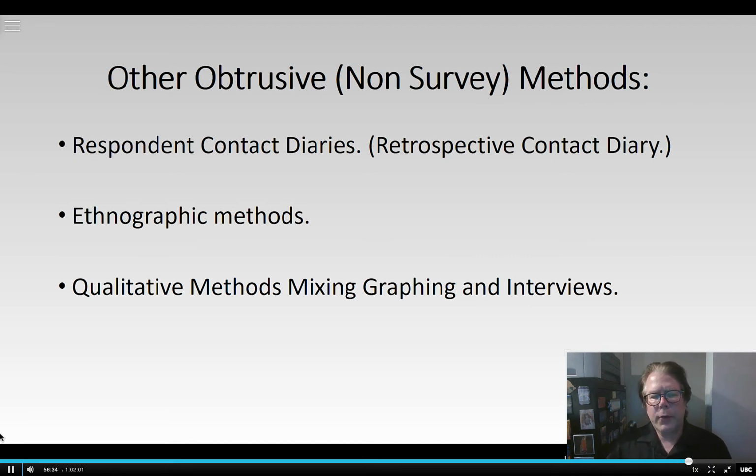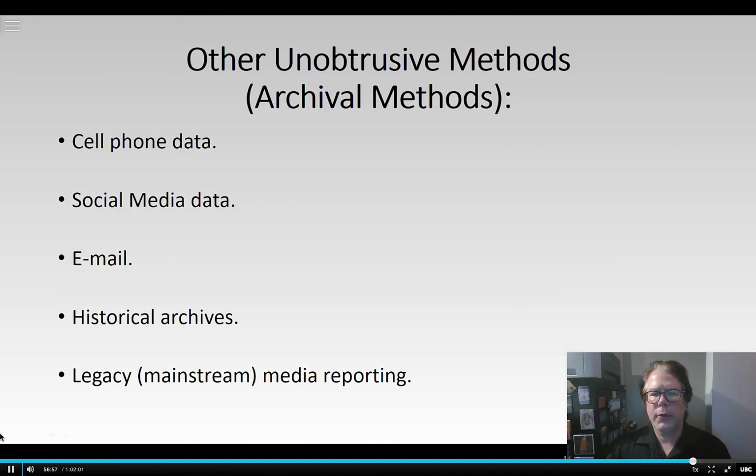And then there are some other interesting techniques that involve various kinds of qualitative methods, such as mixing graphs and interviewing. So, for instance, showing a graph of a person's network to an individual and getting them to talk about it, or getting them to draw the graph themselves, and then in the context of that, getting them to talk about the other members of the network.